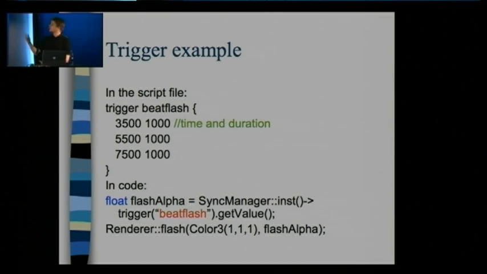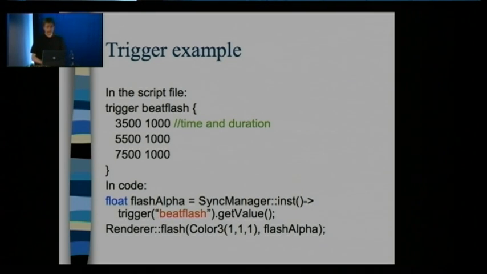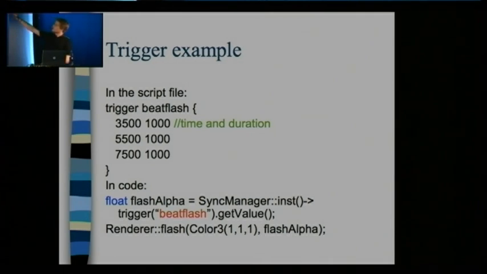It will happen at 3.5 and 5.5 and 7.5 seconds. Each of the flashes will last 1 second. Again, I query it from the sync manager, give me the trigger called beat flash, and get value. Get value will calculate how far we are in one of these triggers. So this is basically just many events rolled into one.